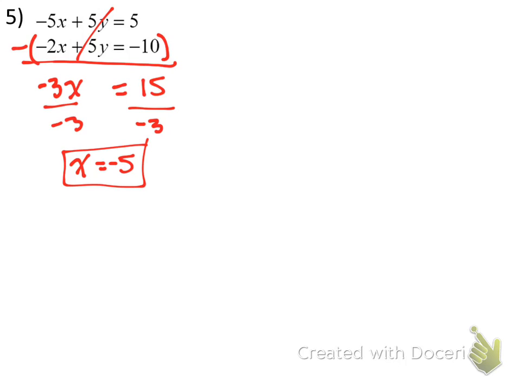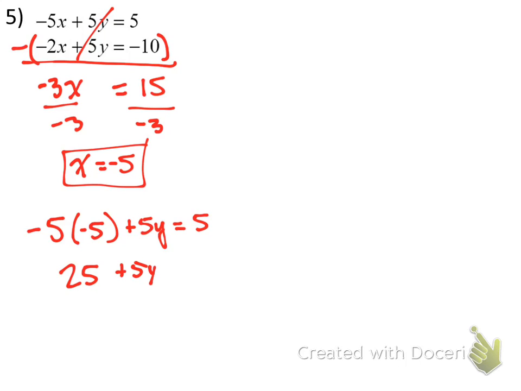Okay, the next one, then you substitute that back in. Doesn't matter, I'll pick equation 1. 5 times x, which is 5 times negative 5, plus 5y is equal to 5. So we got positive 25 plus 5y is equal to 5.